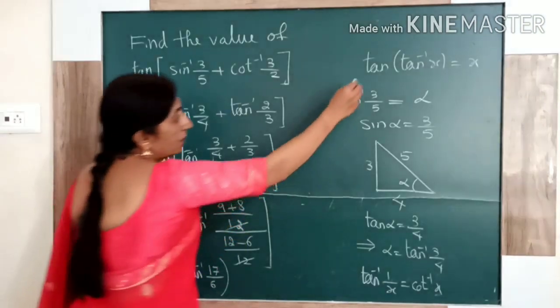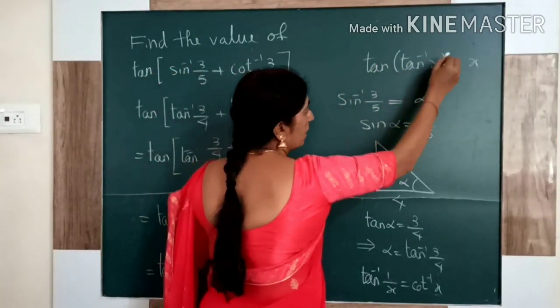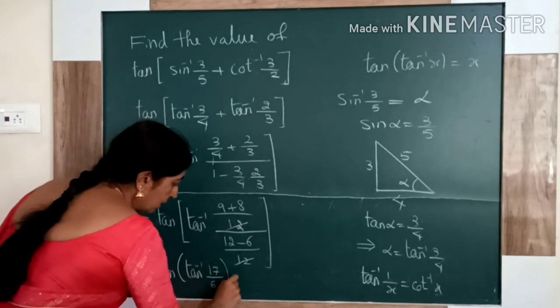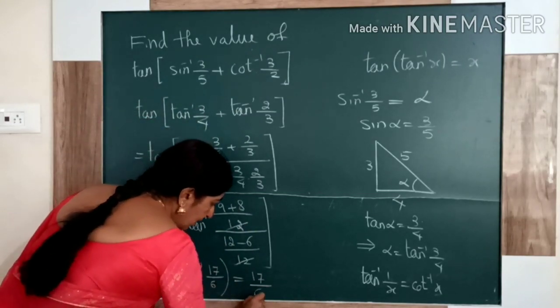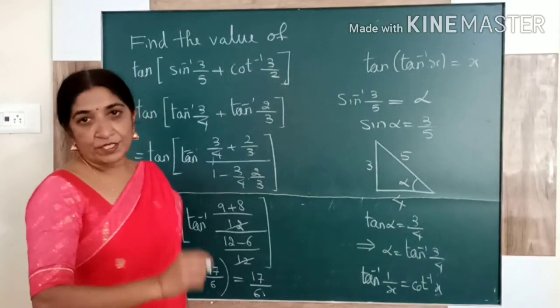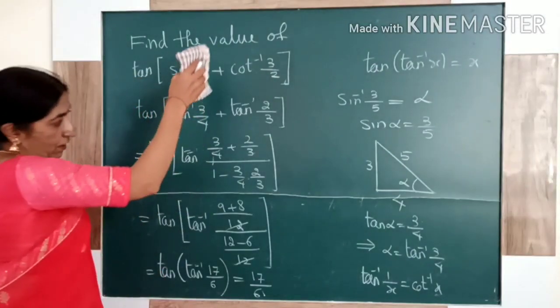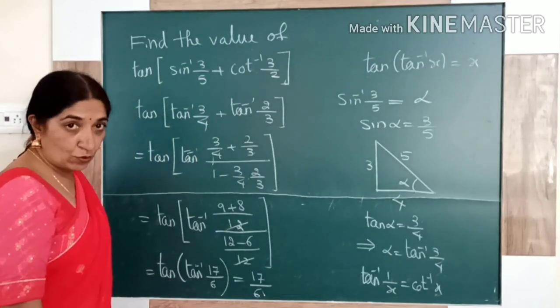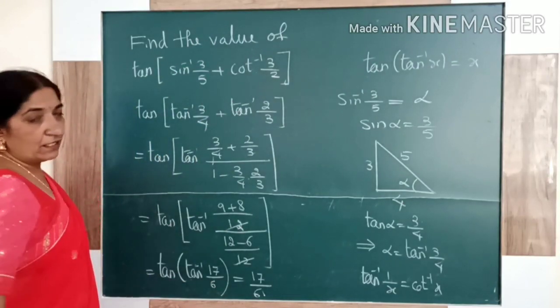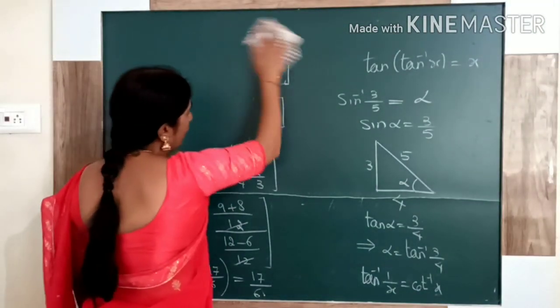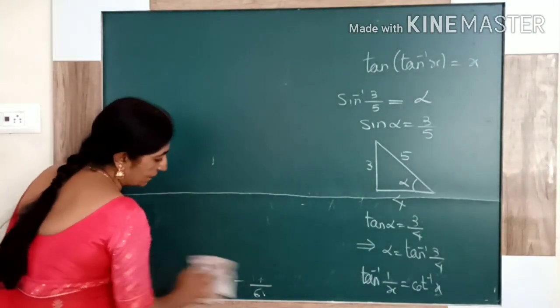Now see, tan of tan inverse x is x. Like that, tan of tan inverse 17 by 6 is 17 by 6. I hope all the students are getting these examples. So see this example step by step, slowly, carefully, and you will get the answer. And you have to be perfect in the formulas, whatever formulas I gave in the inverse trigonometry chapter.